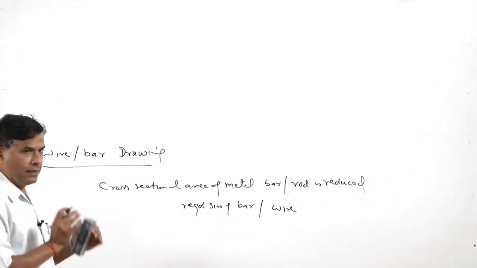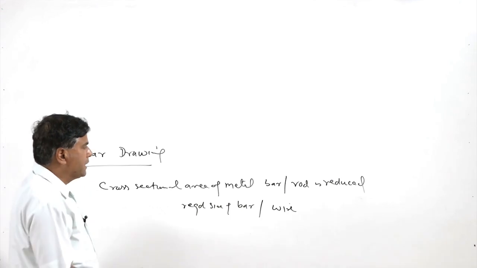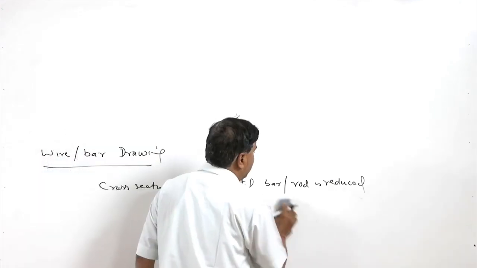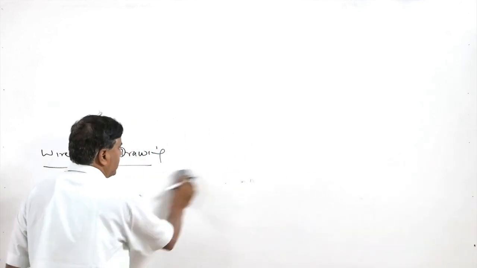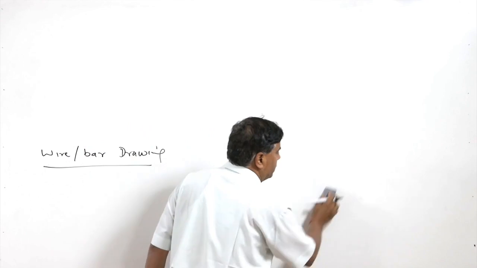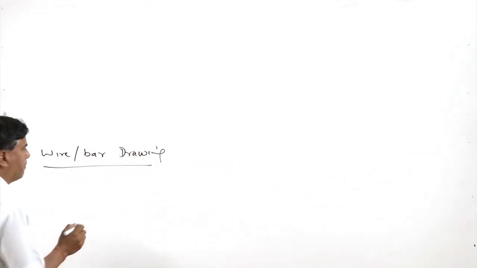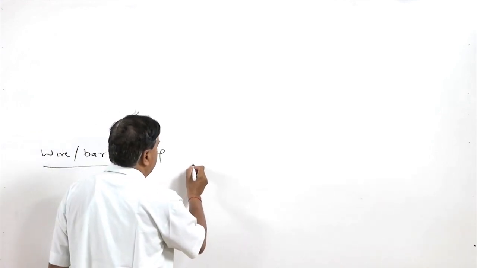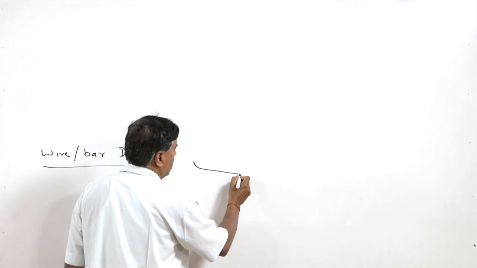Basically, the cross sectional area of the metallic bar or rod is reduced in order to get a bar of the desired diameter or cross sectional area. For this purpose it uses one typical die like this.